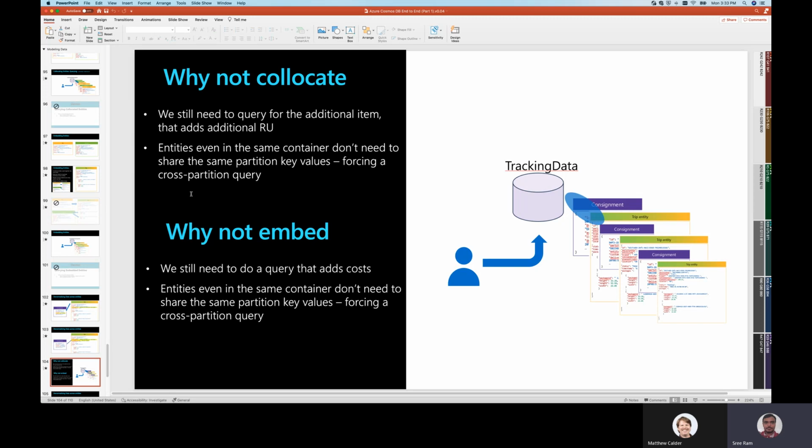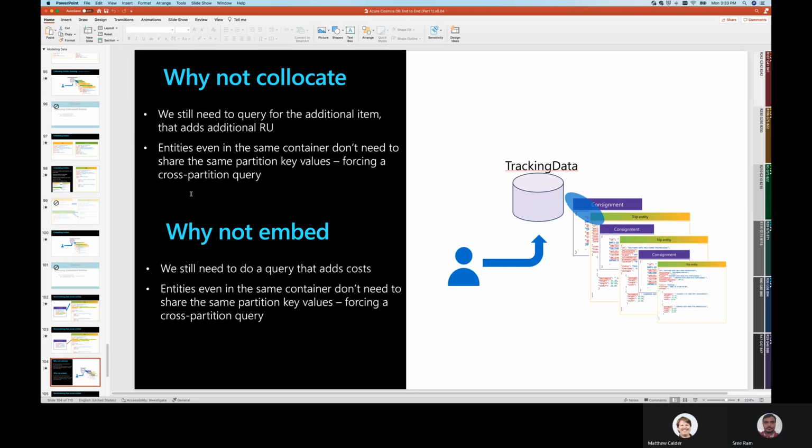Instead of going to two containers, fetching two different data sets and performing something in the memory of your application, I put everything in one single container, and all of them belong to the same logical partition. A trip belongs to a vehicle, and consignments belong to a trip. All of these are related to each other in the form of VIN. If such a logical partition value or partition key exists that could avoid multiple containers, it is better to co-locate.